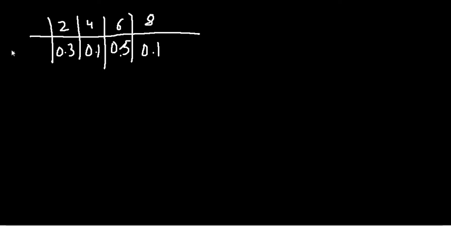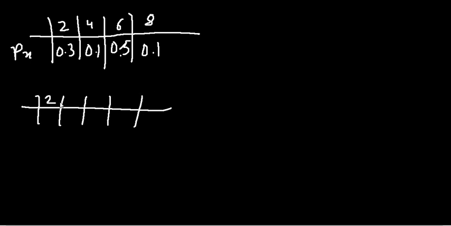That's the probability distribution, but if you were to draw its cumulative probability distribution, that's the probability up to a certain value, so I've got to replace the p(x) with an F(x). So for 2 it's just 0.3, but the probability of getting up to 4, which is 2 and 4, is 0.4. The probability of getting up to 6 is 0.9, because you add that 0.5. The probability of getting up to 8 is 1.